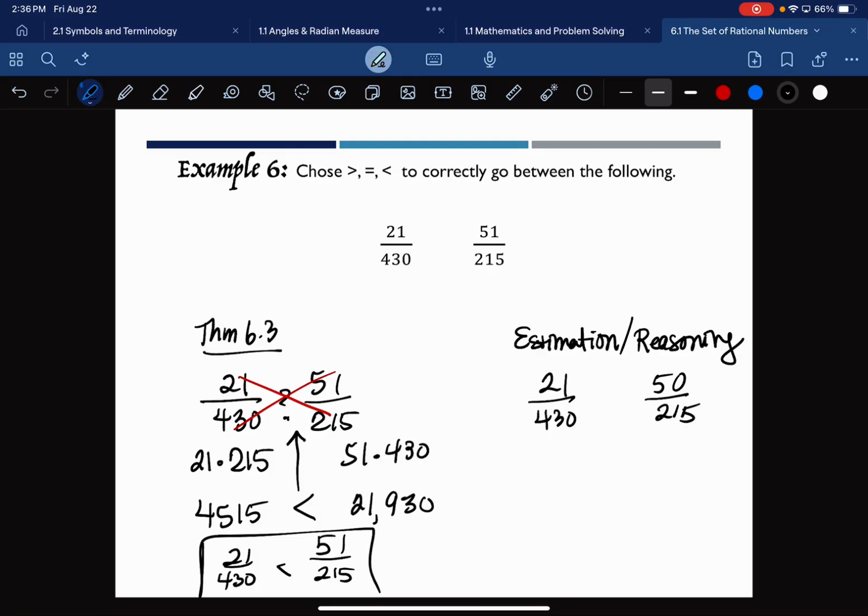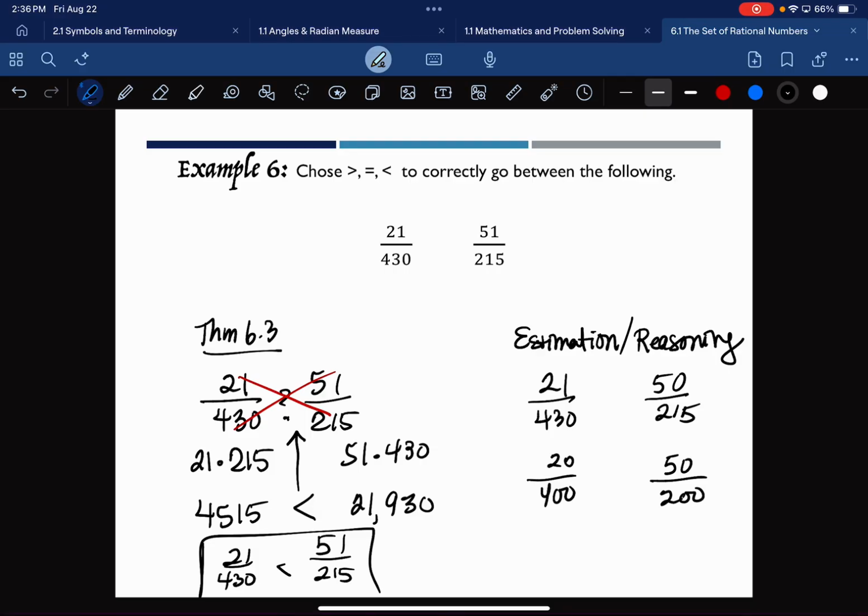If we're thinking about this from an estimation standpoint, the top of that first fraction is about 20, and it's about 400 on the bottom. Agreed? That's not exact, but it's pretty close. And on the next one, we've got 50, which is already a nice number, and 200 on the bottom. These would reduce really well.